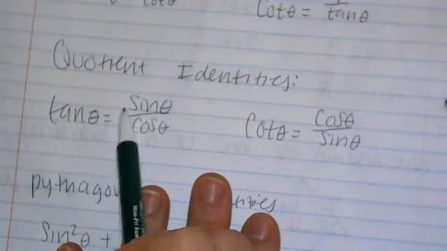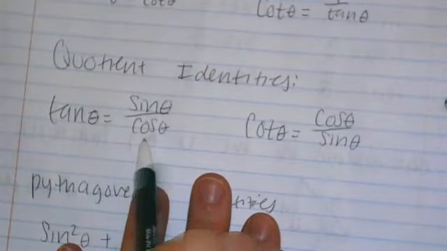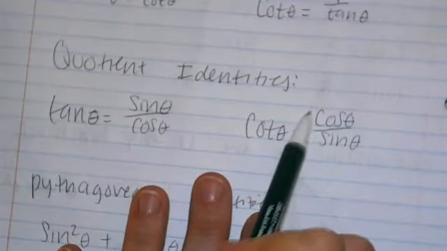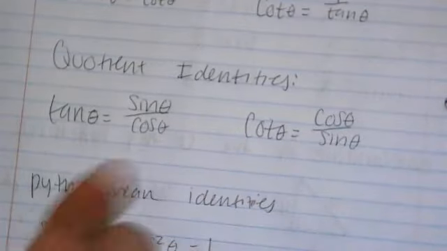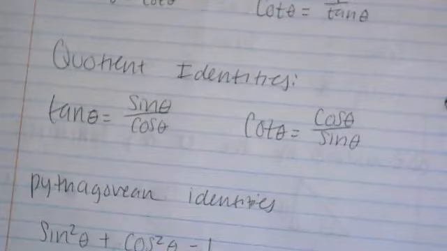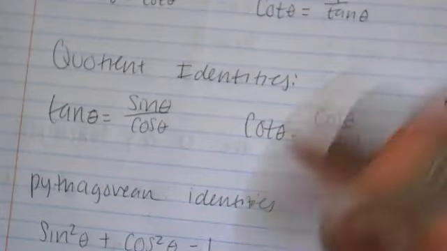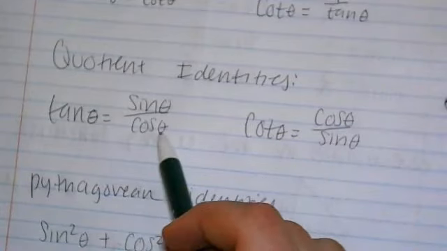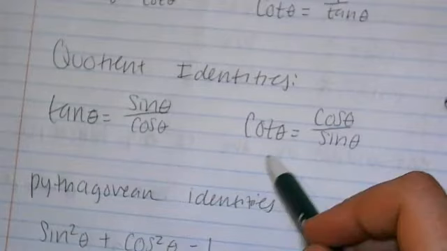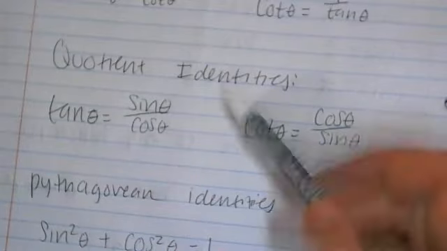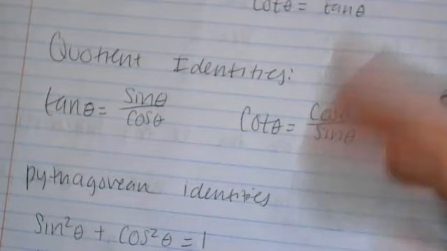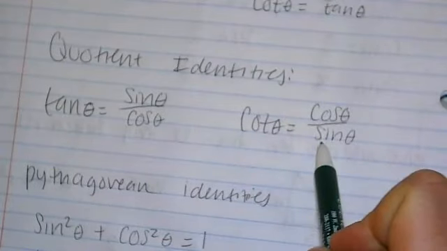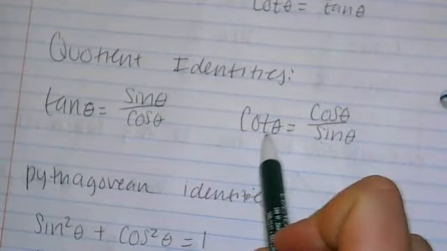So tangent is sine over cosine, whereas cotangent is going to be cosine over sine. Tangent's identity is the reciprocal of cotangent's identity. Again, you can replace cotangent with this identity, and replace this identity with cotangent.